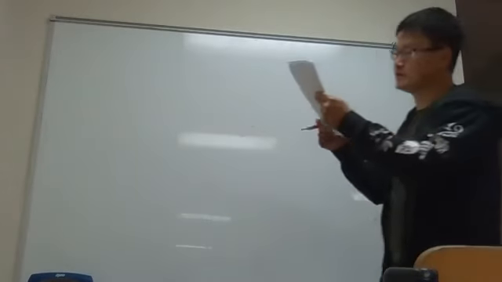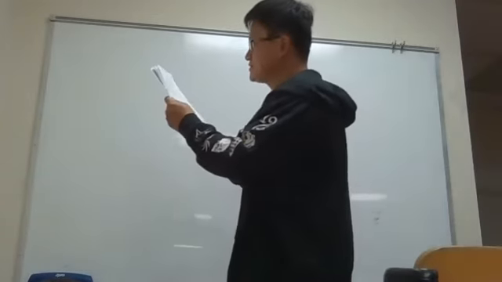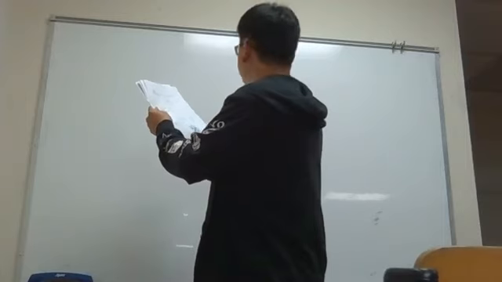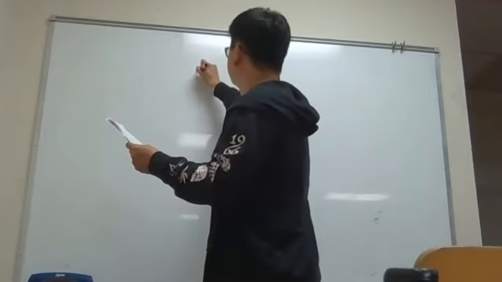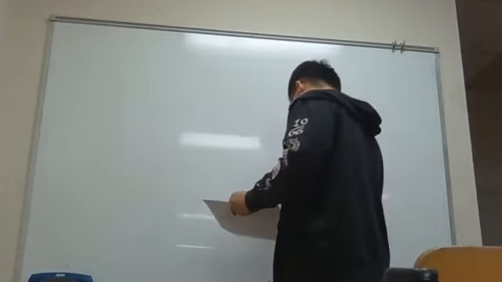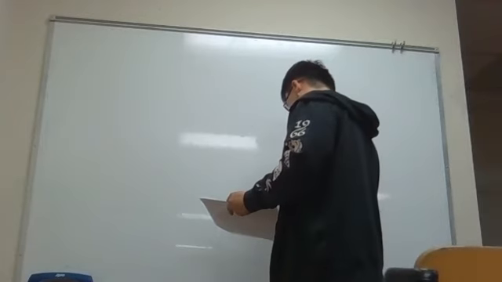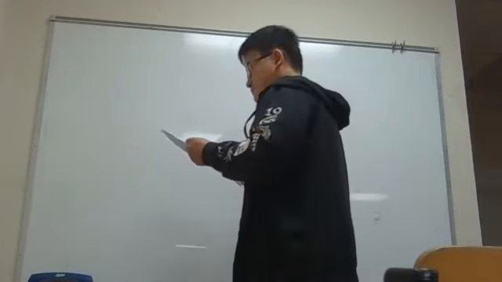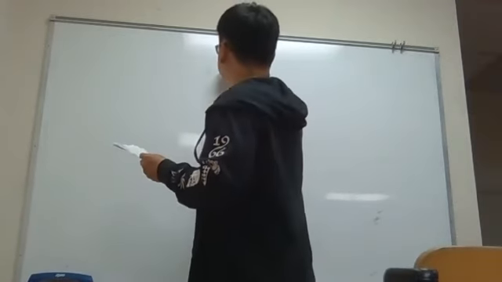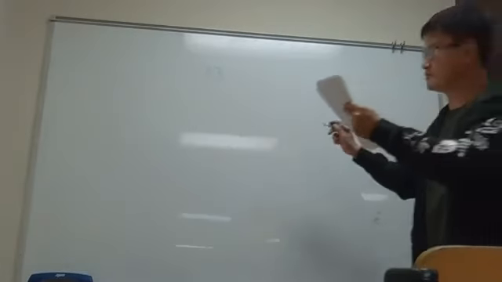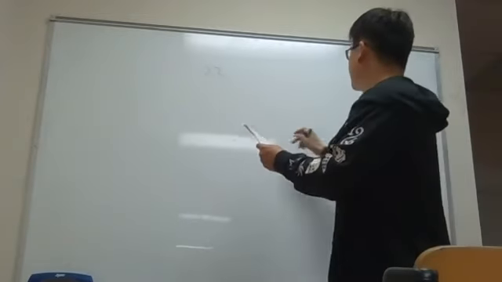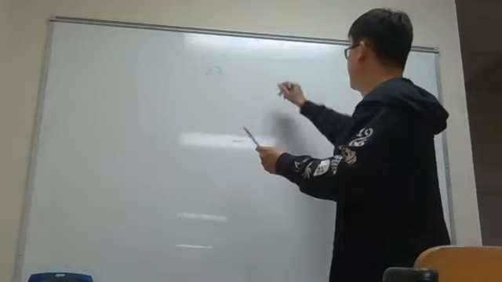Next, we have 2 semicircles inside a big circle. It's problem 23. It's in a coordinate system, so I have a coordinate system like this.